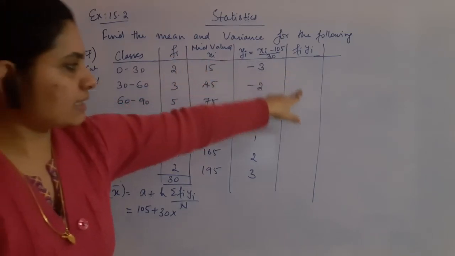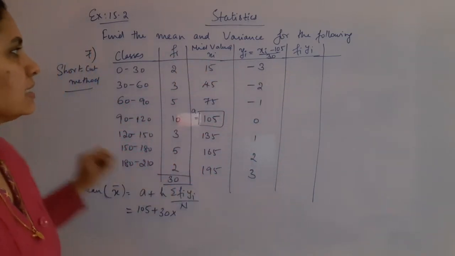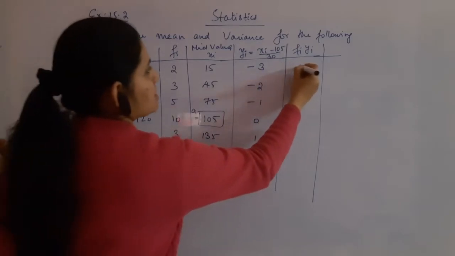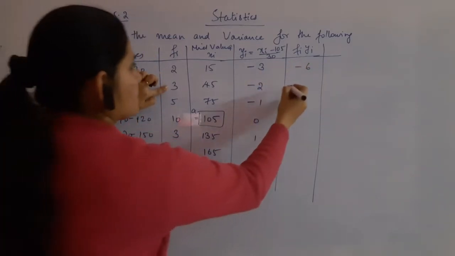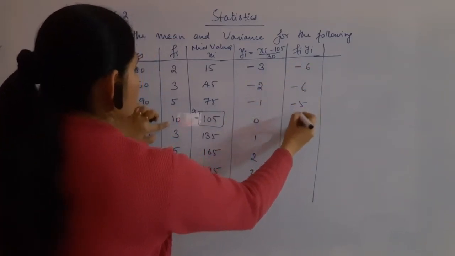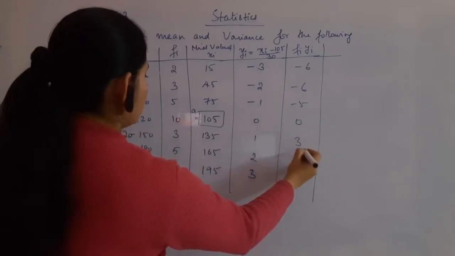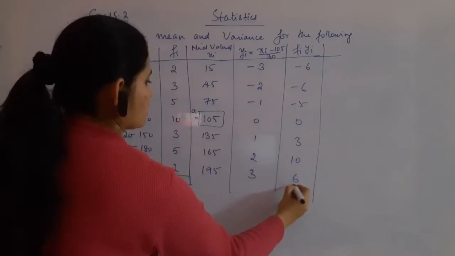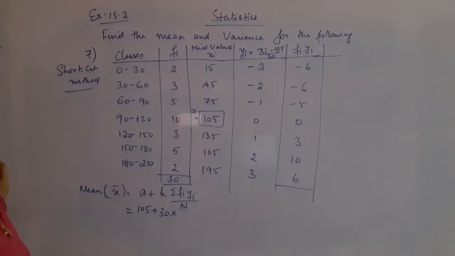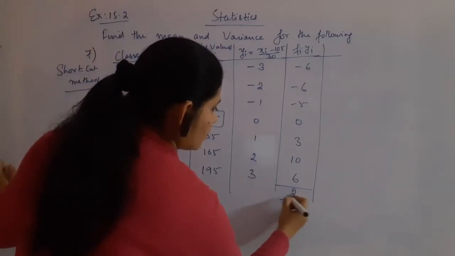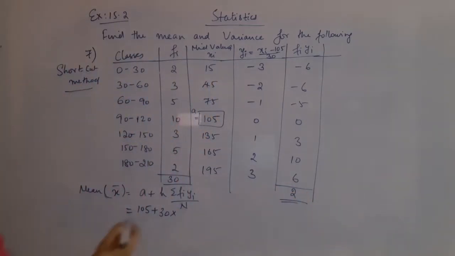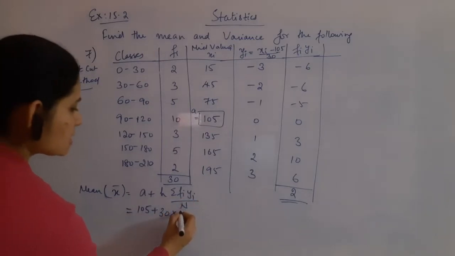You have to multiply these and get the total. So you are getting minus 6, minus 6, minus 5, 0, 3, 10, 6. What is the sum of all these? Negative and positive cancel and you get only 2. This is the value you get as sigma fi yi, so here you can replace it with 2.